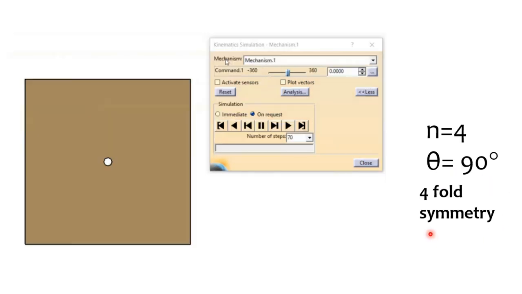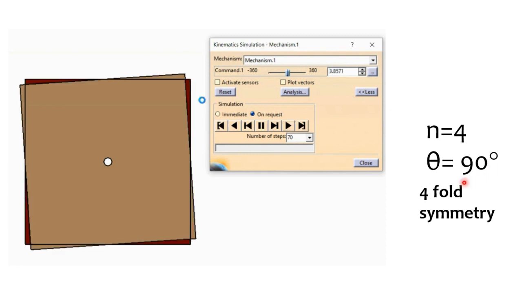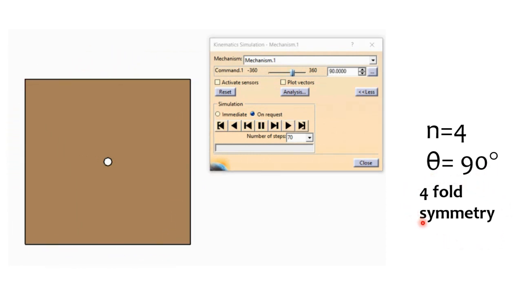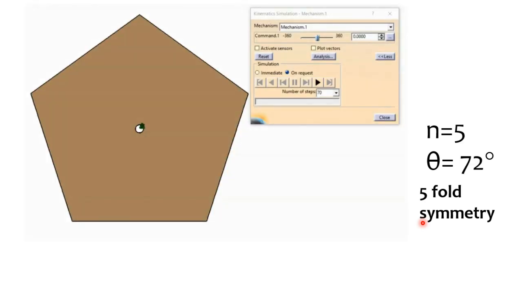Next, we have a square. A square can be brought into self-coincidence by 90 degree rotation. So, a square possesses a four-fold symmetry axis. In our list, next we have a pentagon. A pentagon attains self-coincidence when rotated through 72 degrees. Thus, a pentagon has five-fold symmetry.